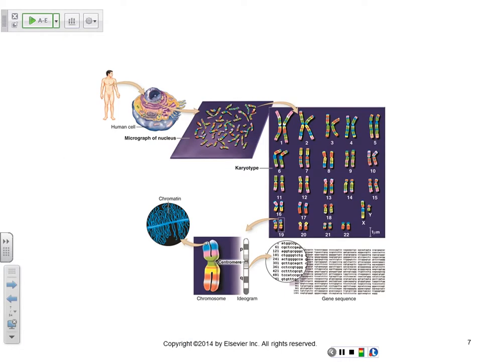Okay. So this is a karyotype. A karyotype is literally what? A picture of the chromosomes in your nucleus. That's what it is. They use an electron micrograph, which is very high resolution and high magnification.